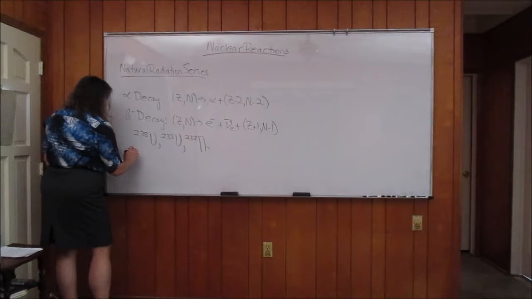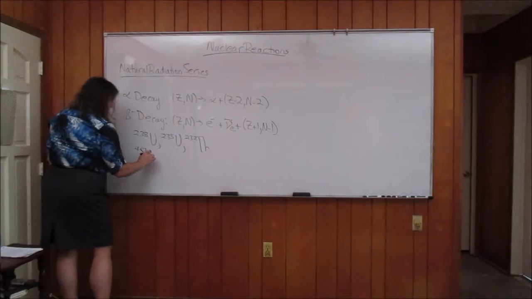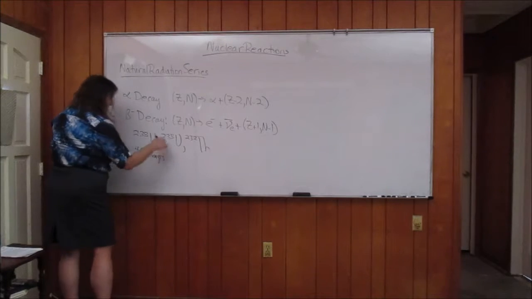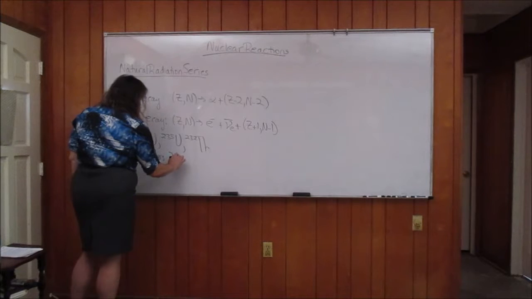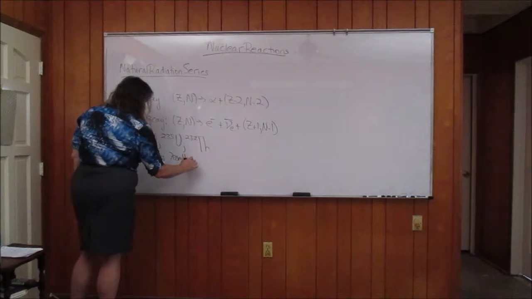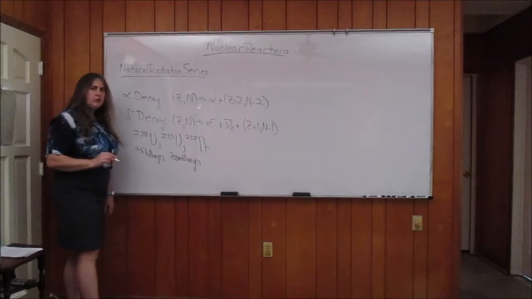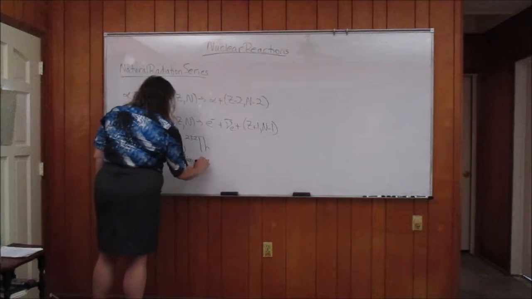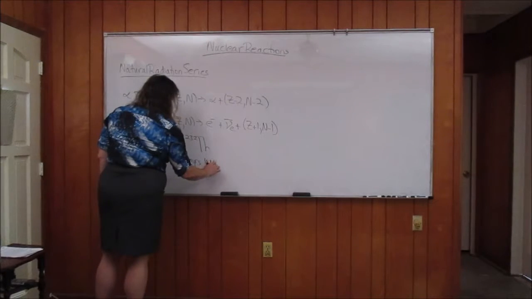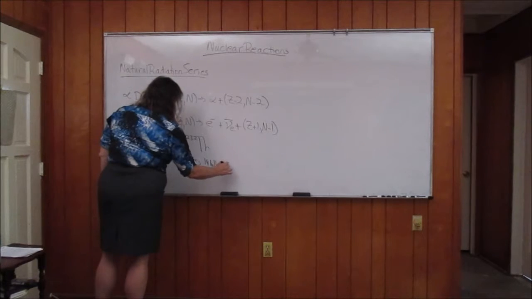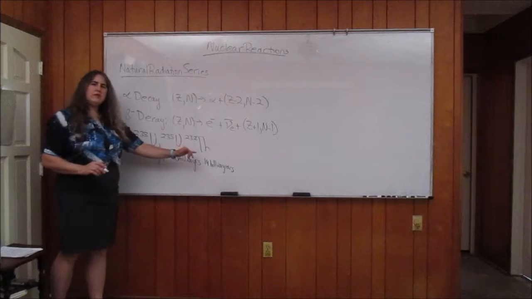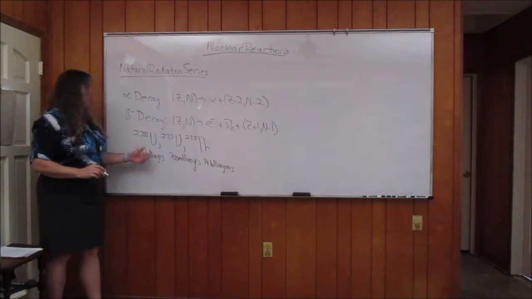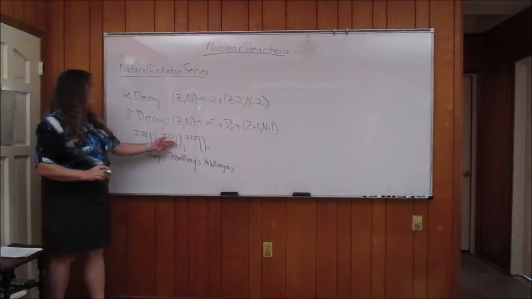Uranium-238 has a half-life of about 4.5 billion years. Uranium-235 has a half-life of 700 million years. And thorium-232 has a half-life of about 14 billion years.